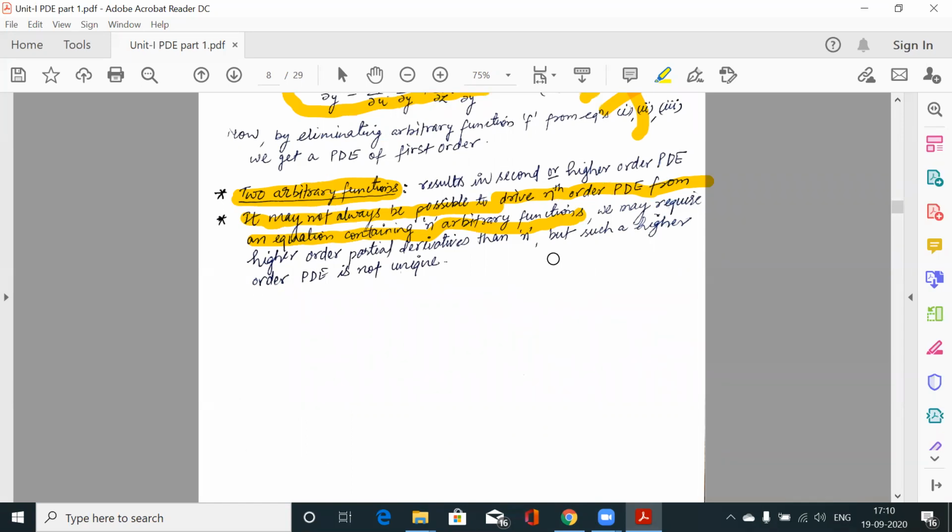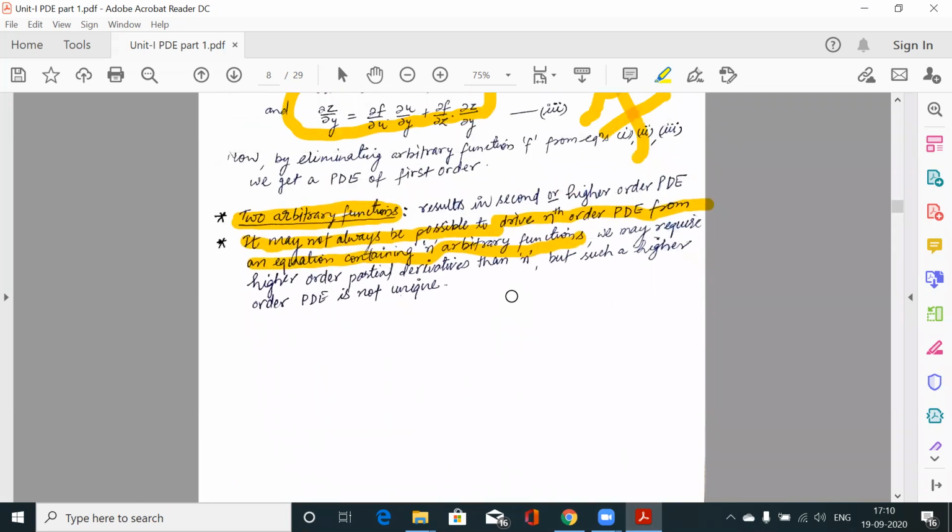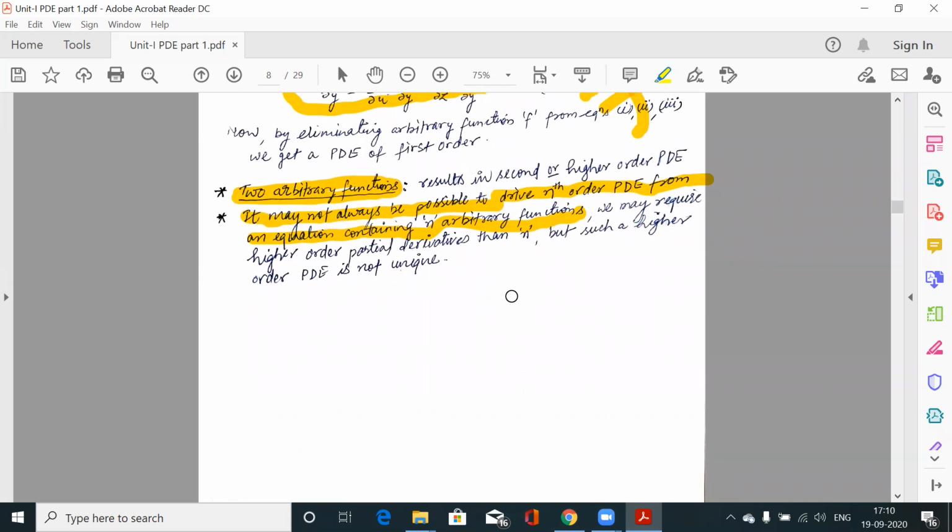So here also, by elimination of n arbitrary functions, we first try to get an nth order PDE. But if the elimination is not possible, then we move to the higher order derivatives, but that PDE will not be unique. So one can get one PDE, and another can get a different PDE, if the elimination is not possible.